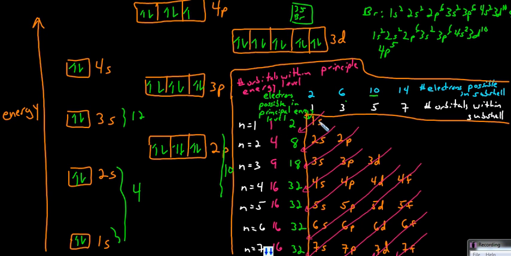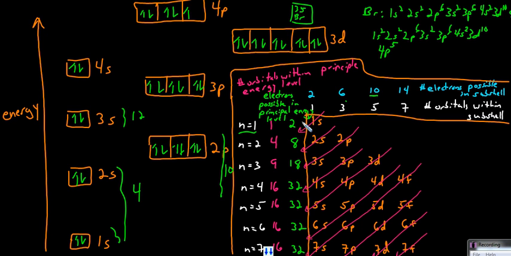So within principal energy level 1, n is equal to 1, there's 1 subshell. Within principal energy level 2, there's 2 subshells. Within principal energy level 3, there's 3s, 3p, 3d, 3 subshells. Within principal energy level 4, there are 1, 2, 3, 4, 4s, 4p, 4d, 4f, 4 subshells.